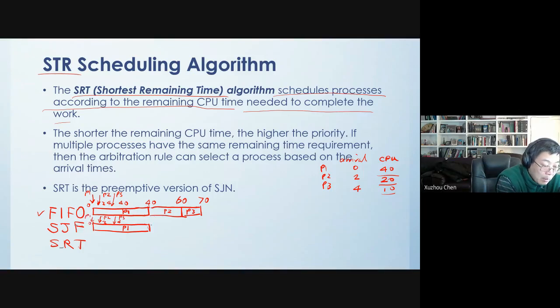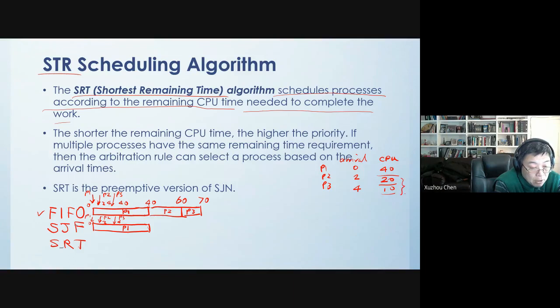And then when process 1 finishes, there are two processes in the ready list, process 2 and process 3, and the scheduler is going to decide who is going to be next.